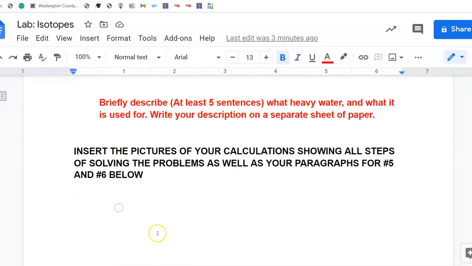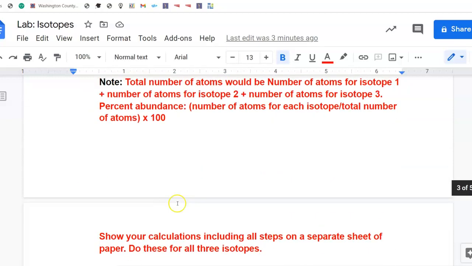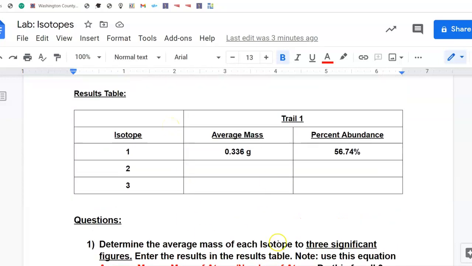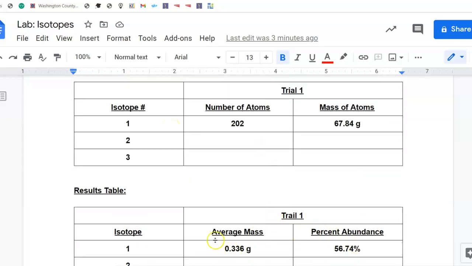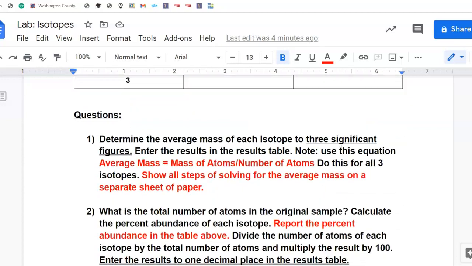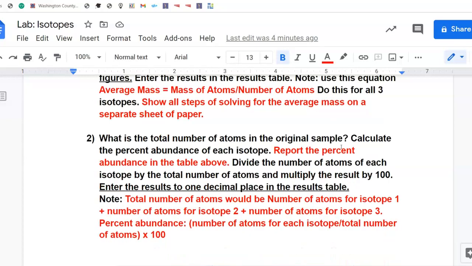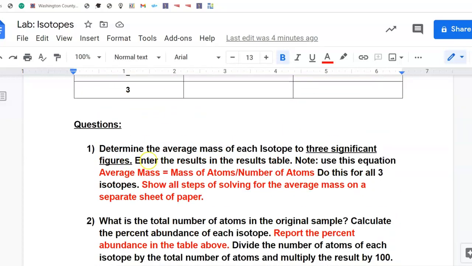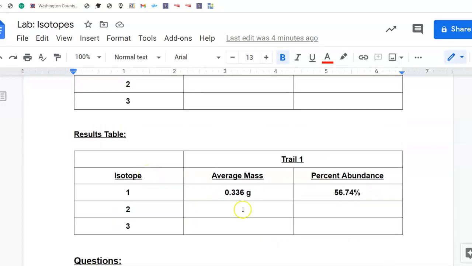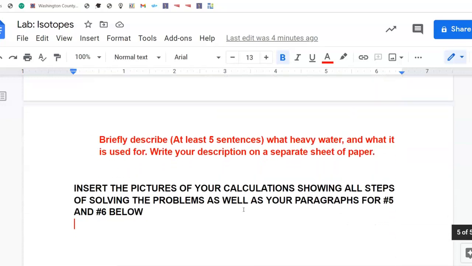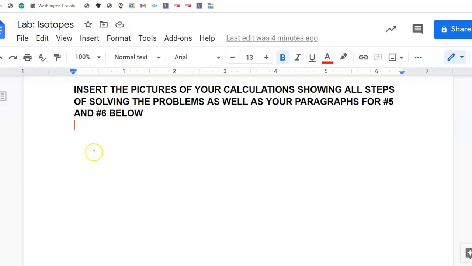Down here is where you're going to insert the picture of all of your calculations: everything you did in your results table, how you figured out the mass of the atoms, and how you found the average mass. All of that is going to be on your separate sheet of paper that you take a picture of and insert here.